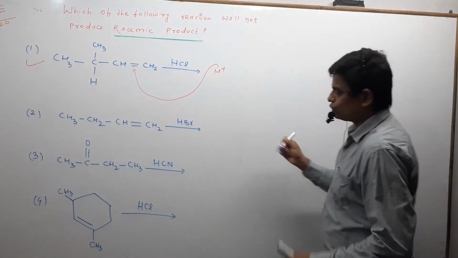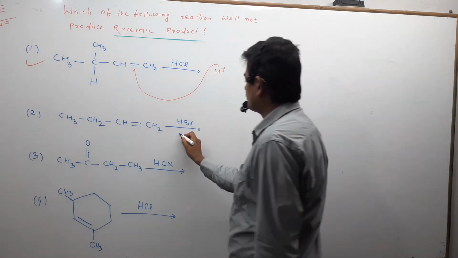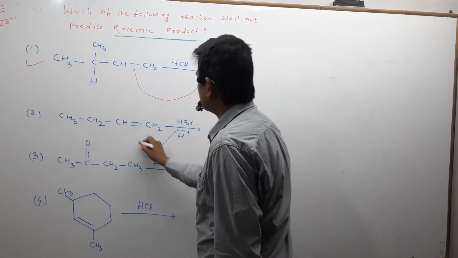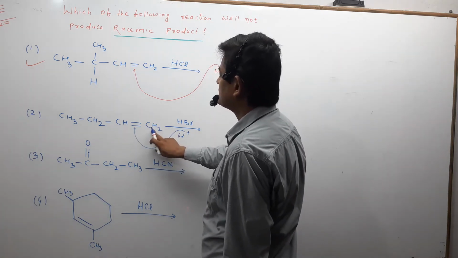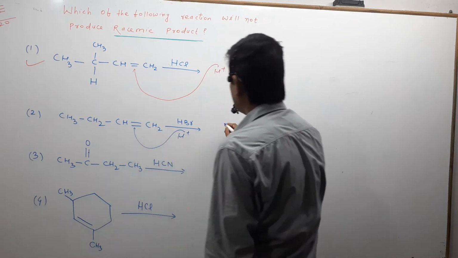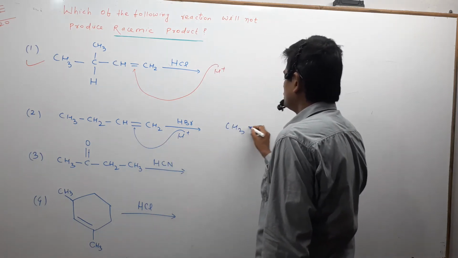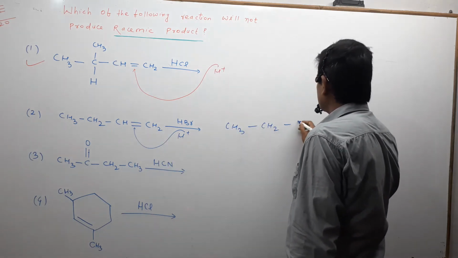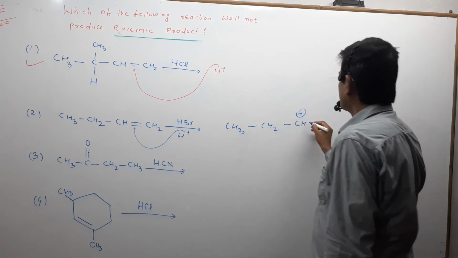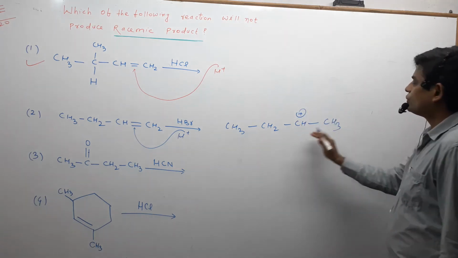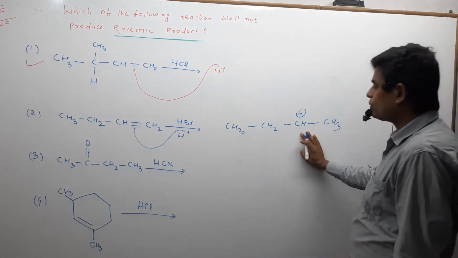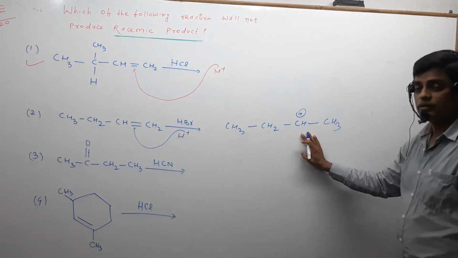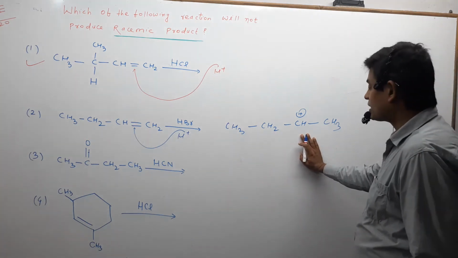So here also, first H plus will attack at this carbon and attach according to Markovnikov addition. Now this is a secondary carbon. In this compound there is no chance to form more than a secondary carbon, that means a 3-degree carbon.